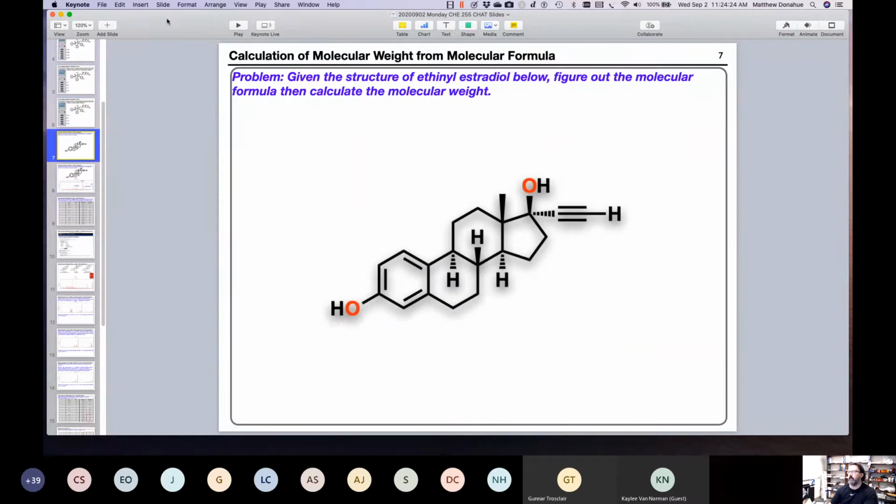So on this slide, as I mentioned, we're going to do the mass spec part of chapter 14 first, because I think it transitions easier into the prior exercises we've done. So consider this molecule we've seen before, ethynyl estradiol. Maybe in the chat box you can write the molecular formula, and then from the molecular formula you can calculate the molecular weight.